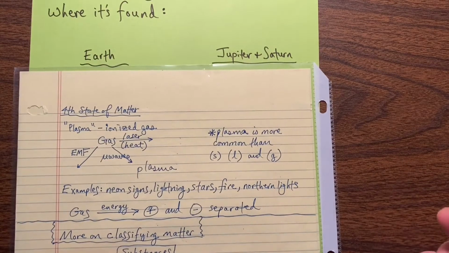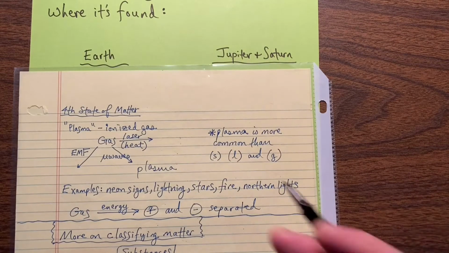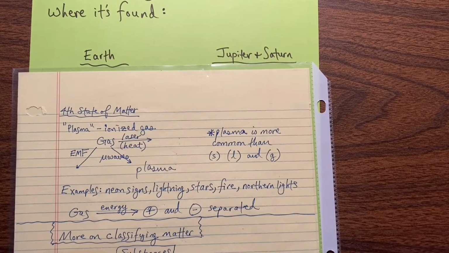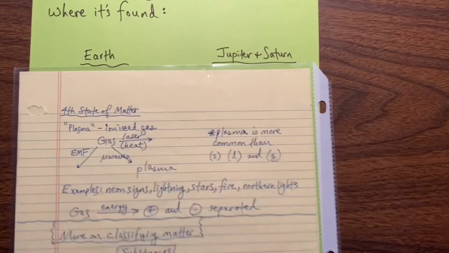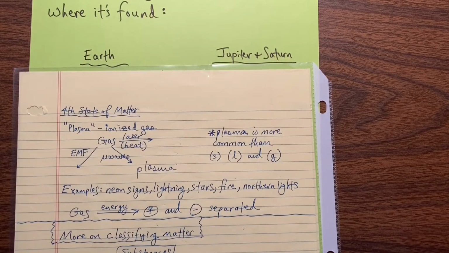On Earth, most things exist as solids, liquids, and gases. So when you think of how we fit in on Earth into the grand scheme of everything, we take up a very tiny portion of all the matter that exists. You couldn't even measure how small our Earth is relative to everything else, and we only use a very small percentage of the type of matter that exists.